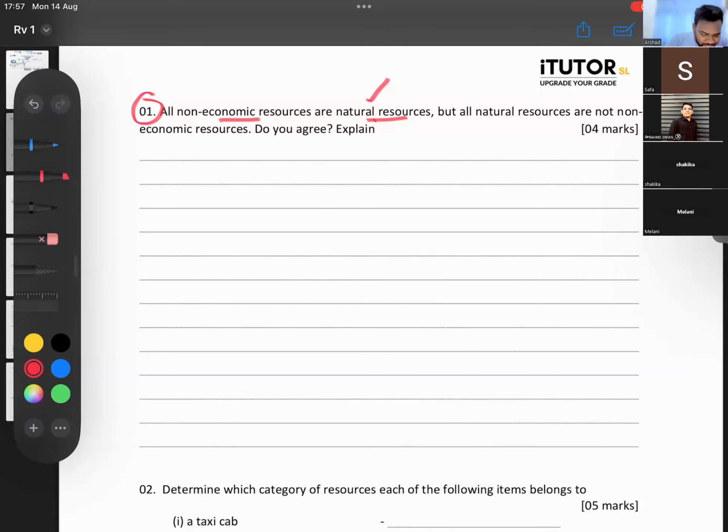If you take natural resources, some are available in unlimited amounts. Those are called non-economic resources.